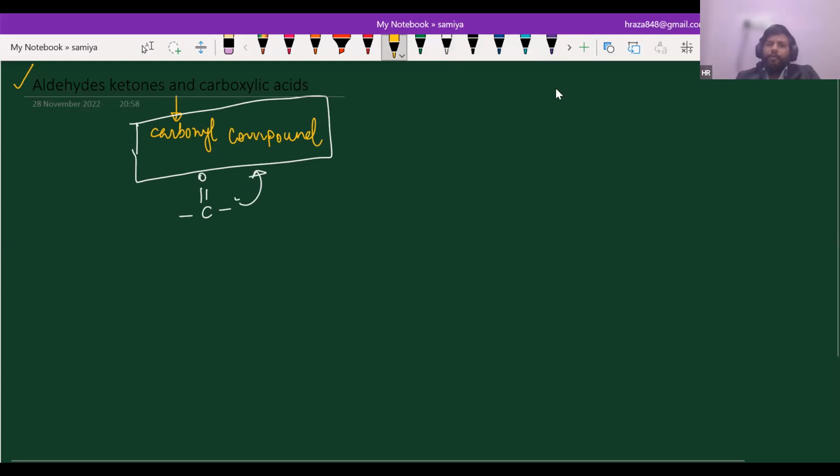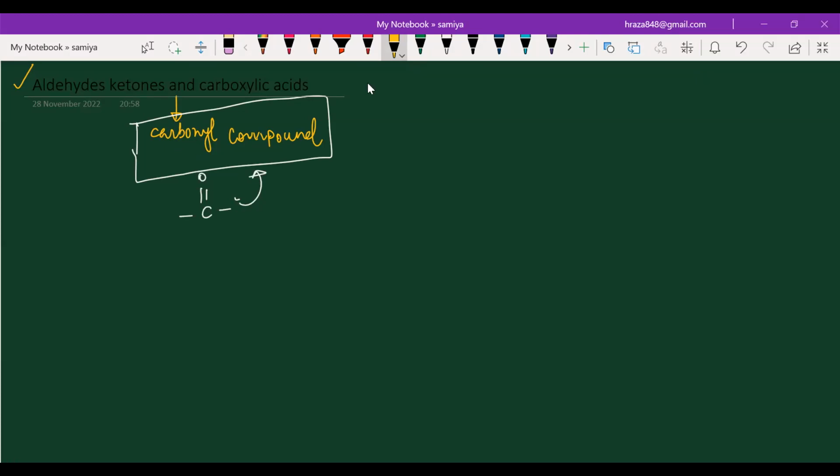The functional group with which C double bond O is present. Please write the name.